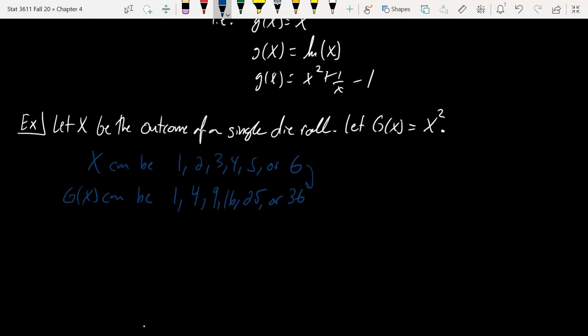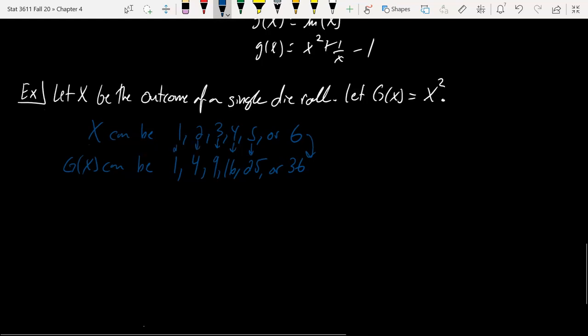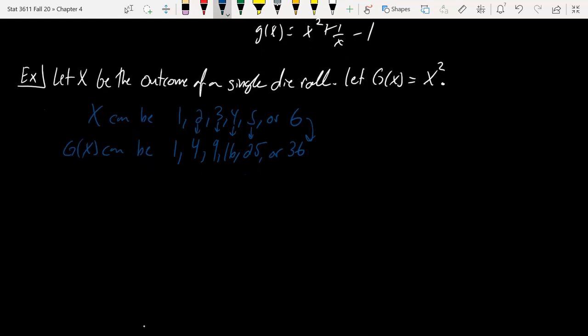Since there's a direct one-to-one correlation here, g of x is equal to 1 only when x is equal to 1. That would not be the case if x could be negative 1, because then g of x, negative 1 squared, would be positive 1. But that's not the case here. This is just a one-to-one correlation.